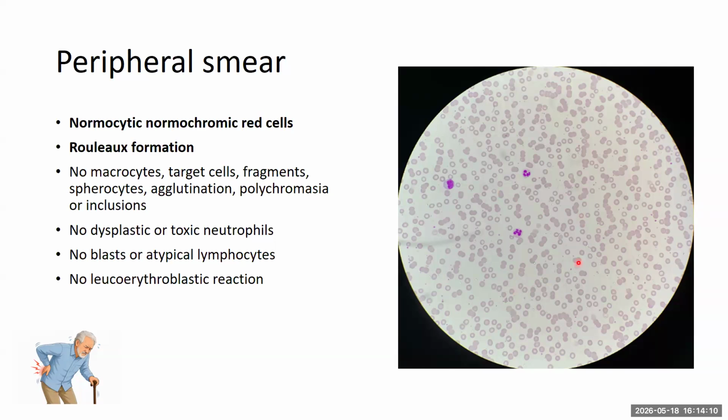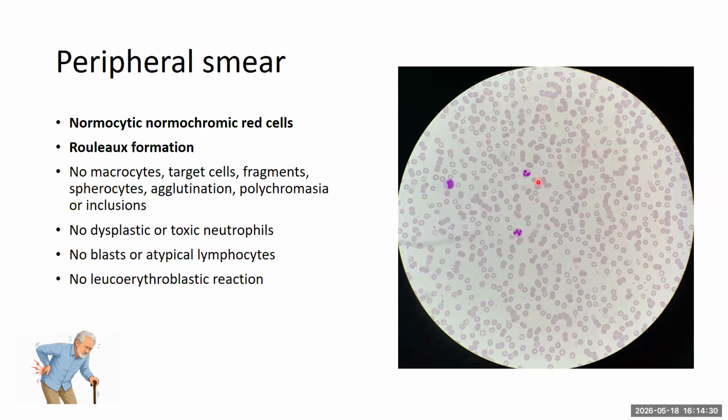There were also no associated features of hemolysis, such as fragments, spherocytes, agglutination, or any nucleated red blood cells. The neutrophils showed normal morphology. There were no hypersegmented or hypolobated neutrophils to suggest a possible myelodysplastic syndrome.